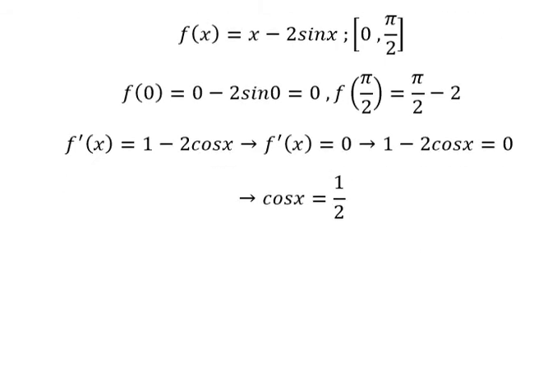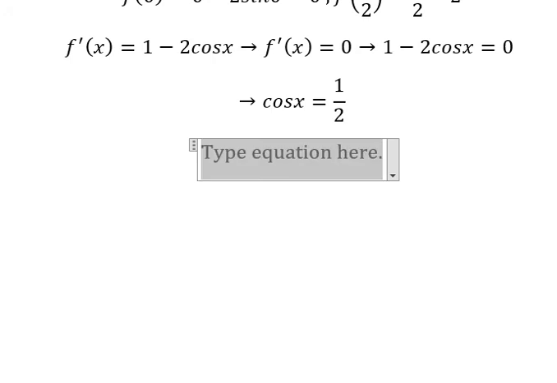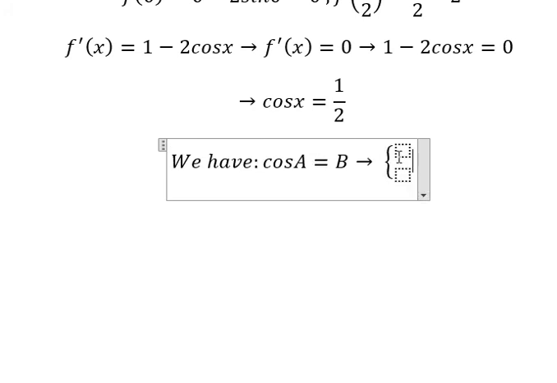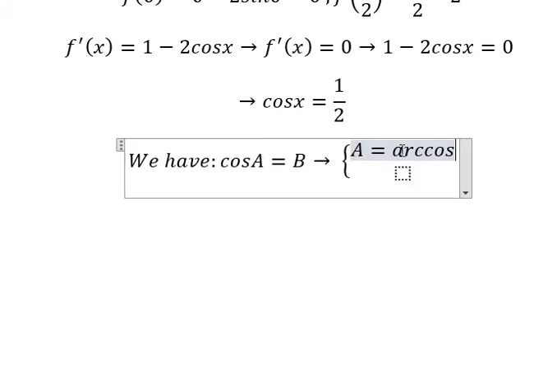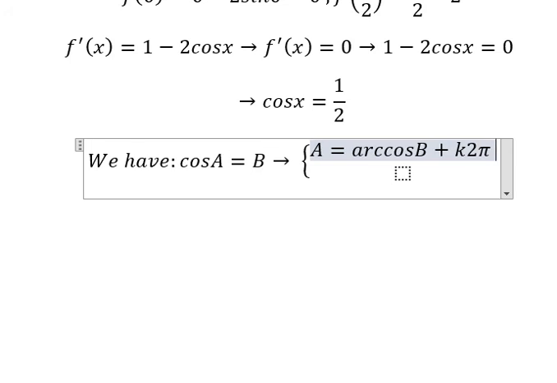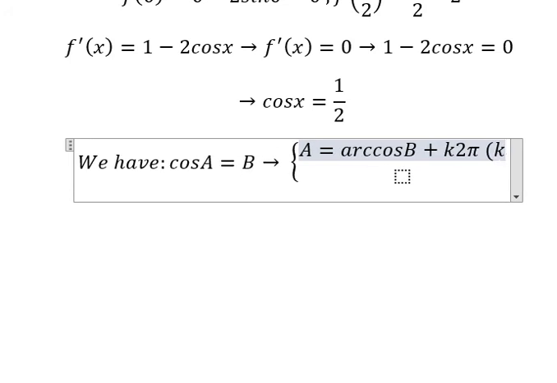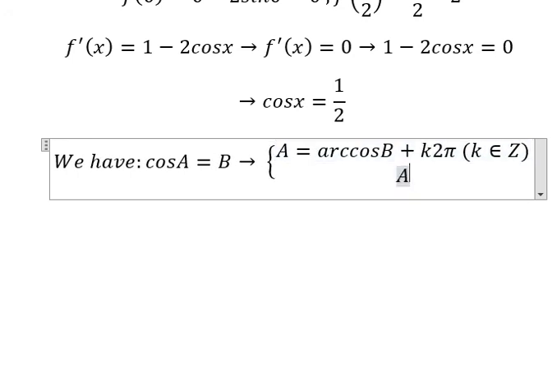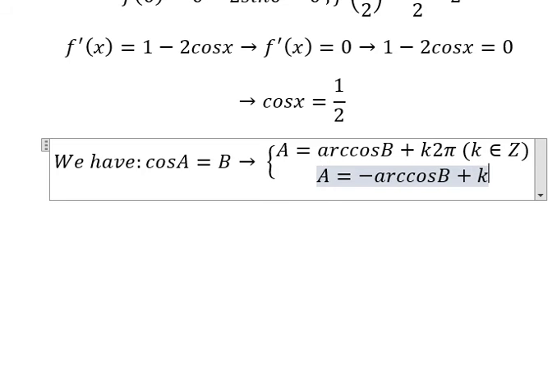And now we have the formula in here. And k in here should belong to integers. And we have a equal to negative a cosine of b plus k to b.